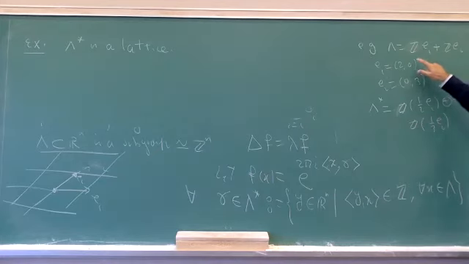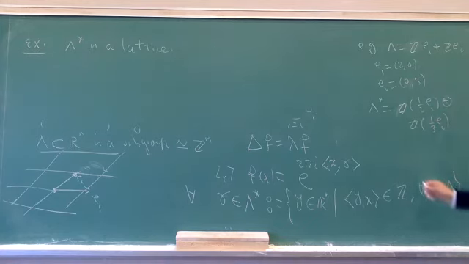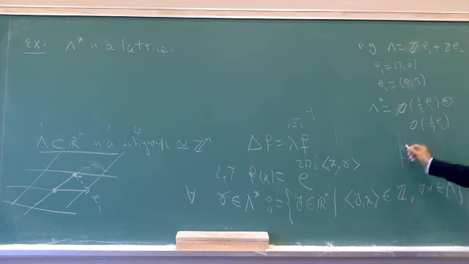One of the vectors in the dual lattice would be (1/2, 0). So this is e1, twice i, and this is e2, which is 3 times j, right?